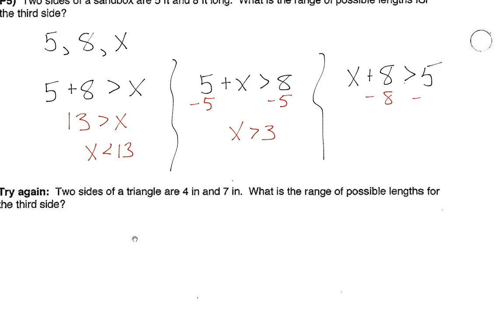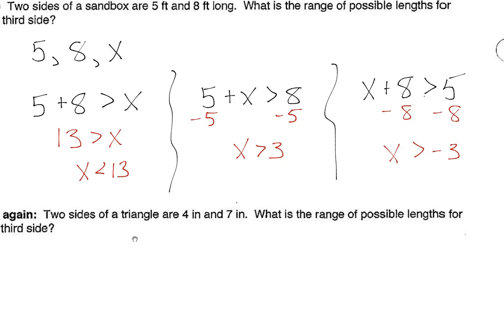Subtract 8 from both sides, x has to be greater than negative 3. So when we look at the 3 options, we have one upper limit. We know x cannot be above 13. But for a lower limit, it's saying that x has to be above negative 3.